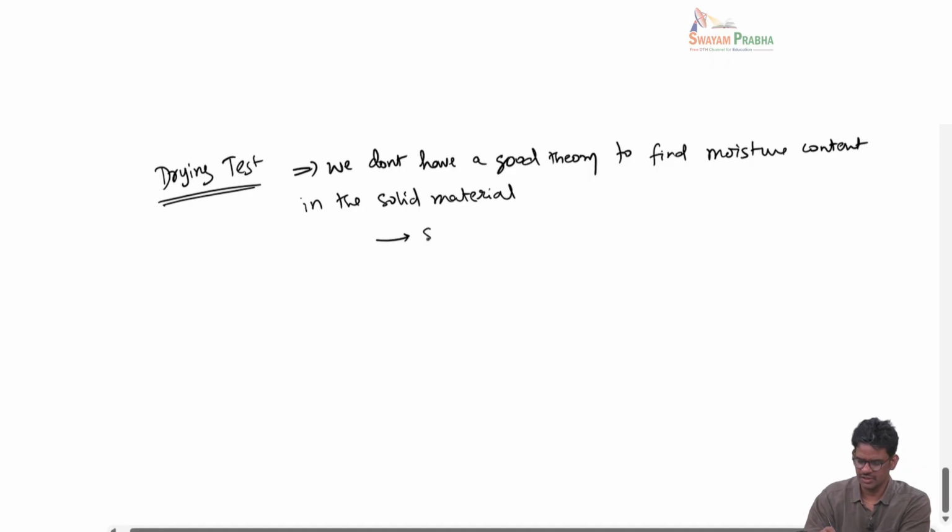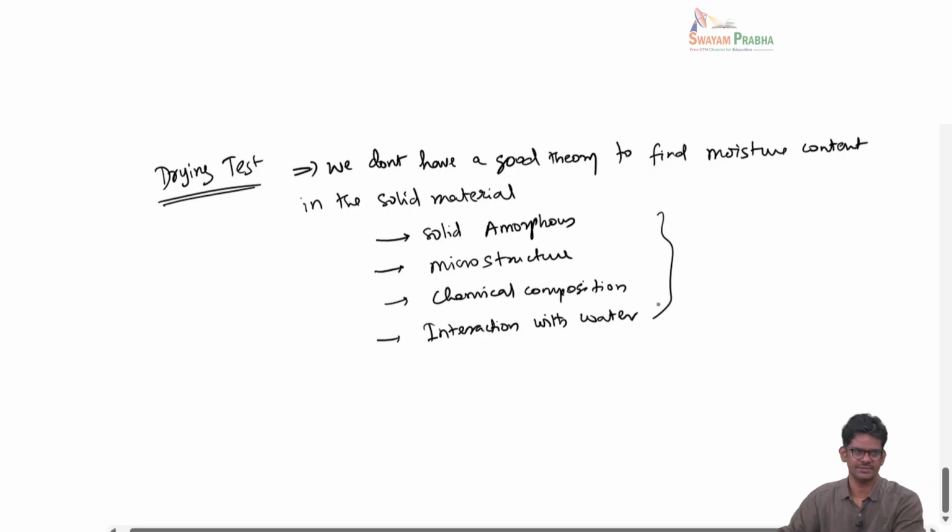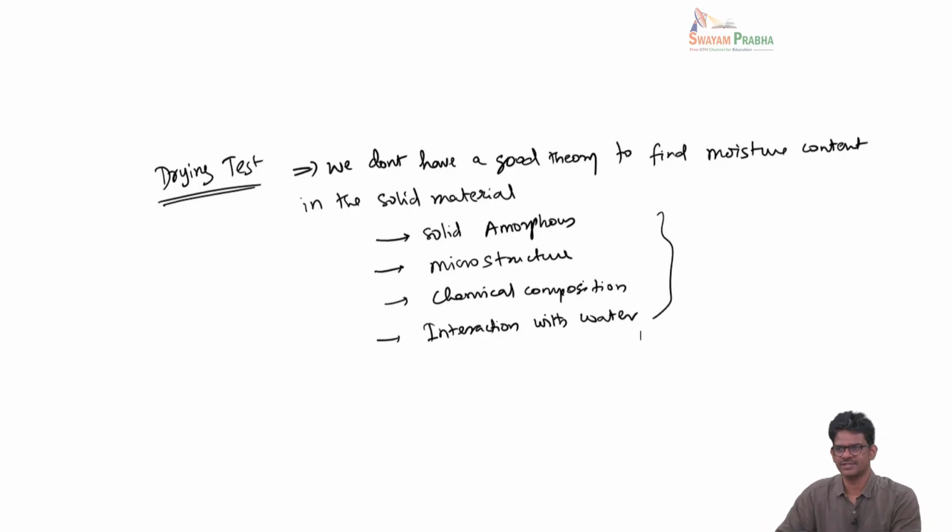This is because the solid material can be amorphous. It may have microstructures that are very different from each other, chemical compositions, interaction with water. So these are highly dependent on the material in question. Okay, so because of this, having a theoretical description of drying rate is very challenging.